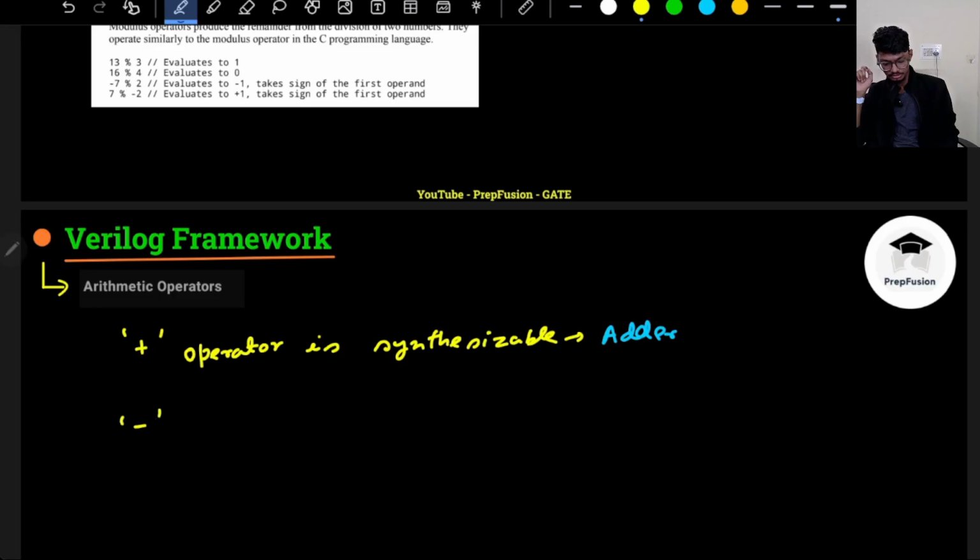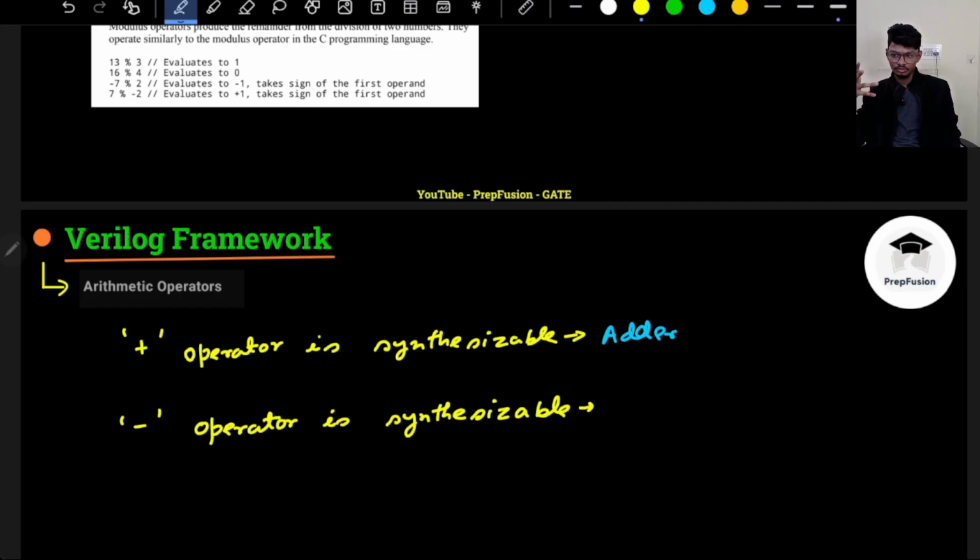The minus operator is also synthesizable. This is using a subtractor, and I hope you know we can make a subtractor using a full adder. The hardware you know. I will not explain that in this lecture.